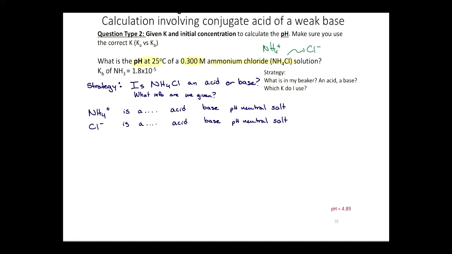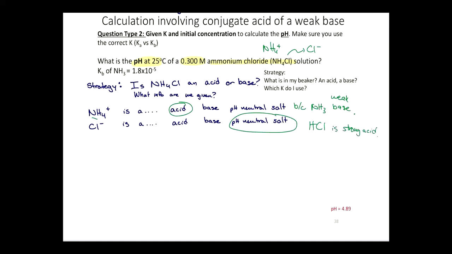Ammonium is an acid. How do you know? It's the conjugate of a weak base. NH4 plus is an acid because ammonia is a weak base. Chloride, though, I'm just going to tell you right now, is a pH neutral salt, because HCl is a strong acid. I'll tell you why later.